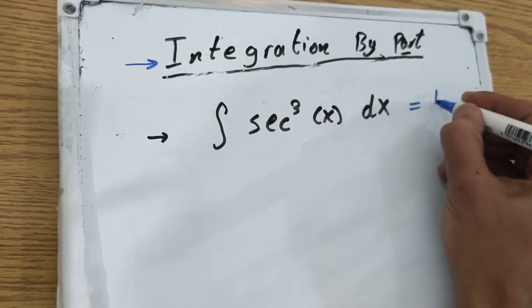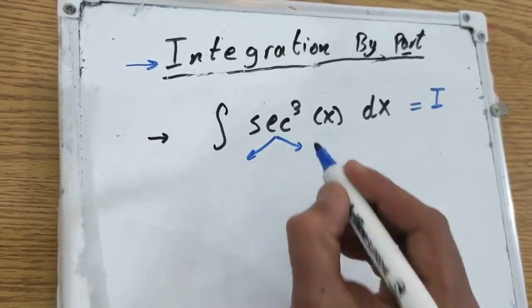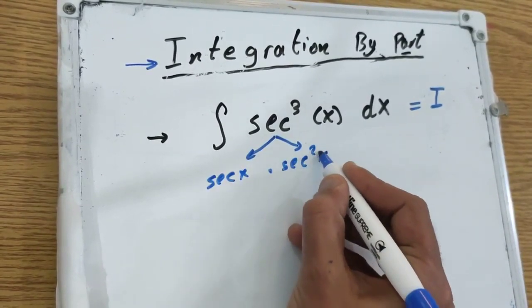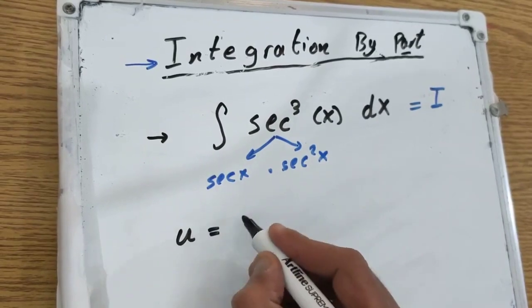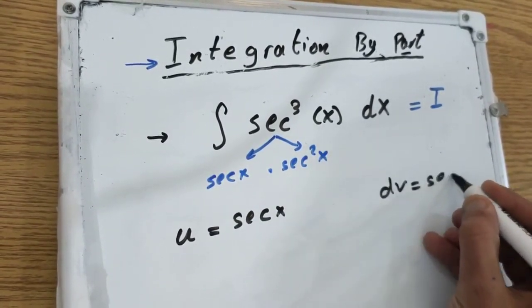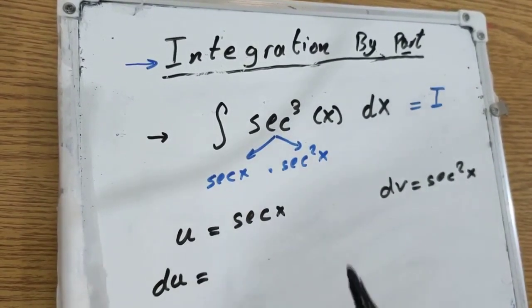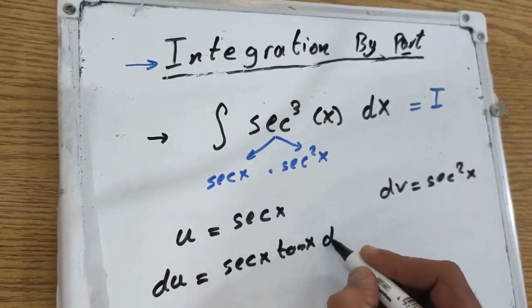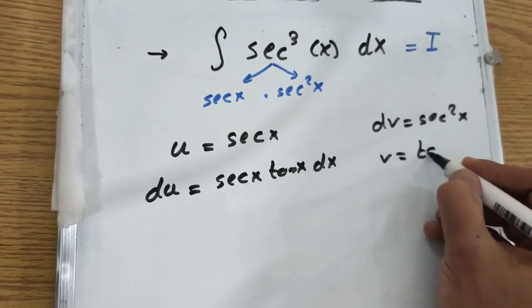Let's say that the value of the integration is called I, and if we write sec cube x as sec x times sec square x, and we select sec x to be u and sec square x to be dv, the differential du will be the derivative of sec, which is sec x tan x dx, and the integration of sec squared will be tan x.